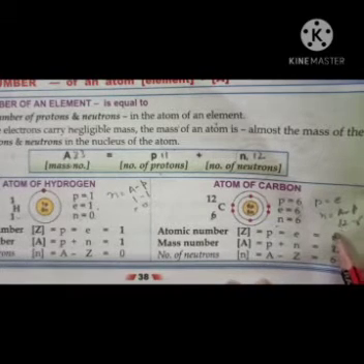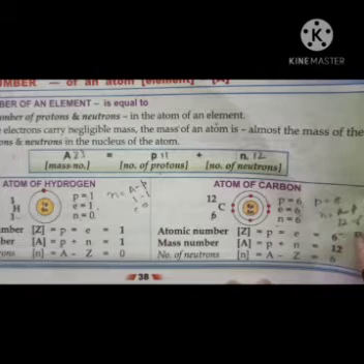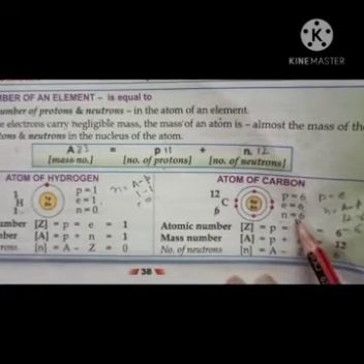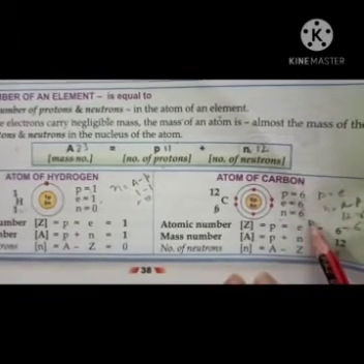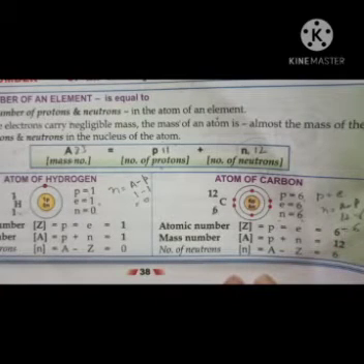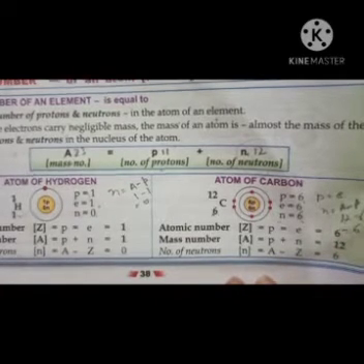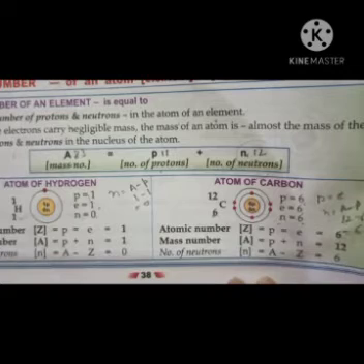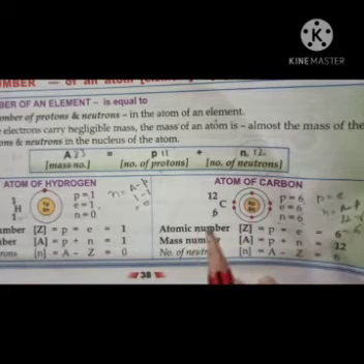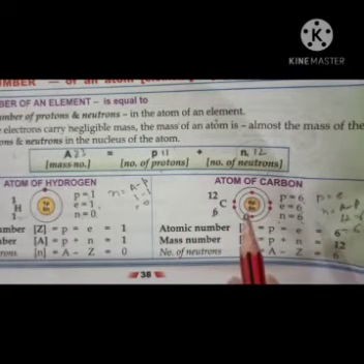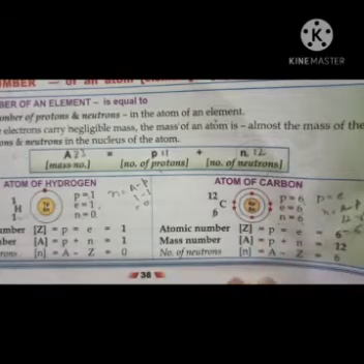So how many neutrons are there? That is 6. That's why the neutron number in carbon is 6. Understood? In this way we can find out the number of protons, neutrons and electrons if we know the mass number and the atomic number.